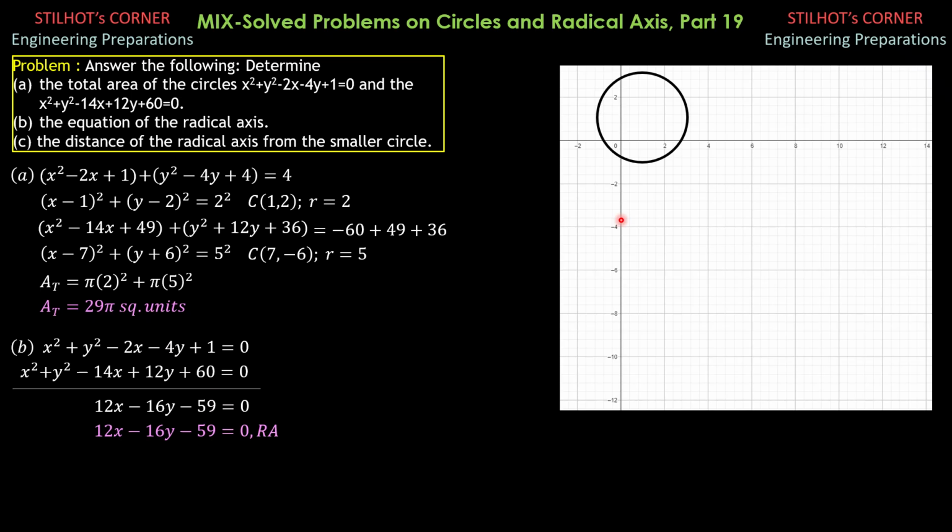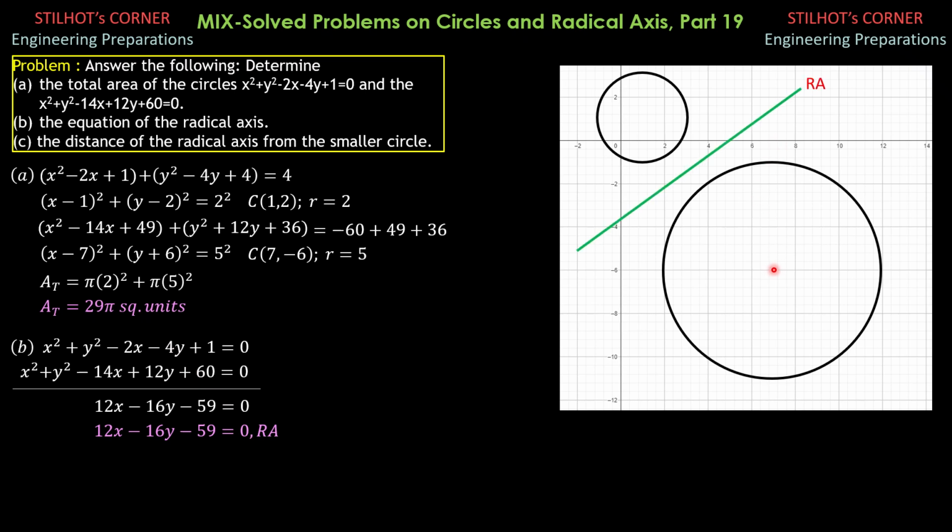And when y is 0, x is 59 over 12, and that is 4 point something, maybe somewhere here. This is the bigger circle with center 7, negative 6, and the radius is 5.